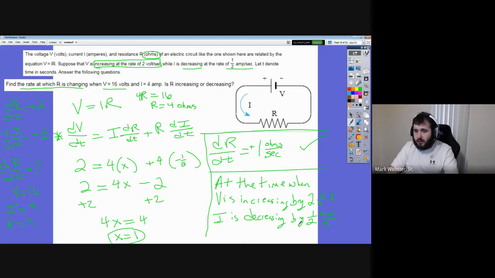And notice I said decreasing, so did I include the negative sign? No. Decreasing already implies the negative sign, so don't say decreasing by a negative number, otherwise you're double negative, you're saying it's increasing by half. So just be careful. So at the time when blah and blah, R is increasing by 1 ohm per second.